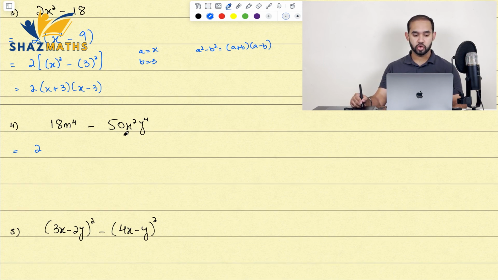That means there is no variable as common in these two terms. So the terms inside the bracket would be 18 divided by 2 is 9, m to the power of 4 minus 50 divided by 2 is 25, x square y to the power of 4.